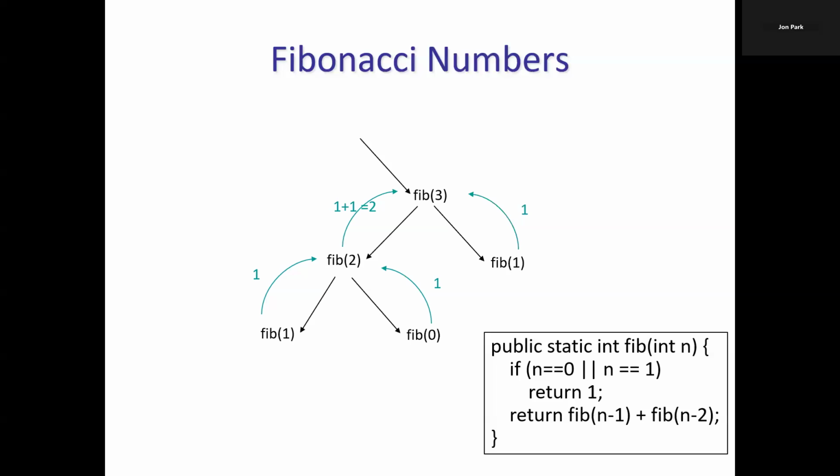So now we're ready to add them and return. So again, this is fib of 2 plus fib of 1, and this is fib of 1 plus fib of 0.